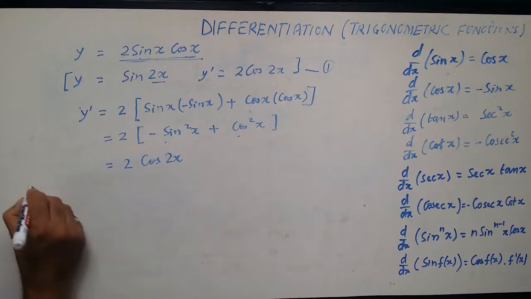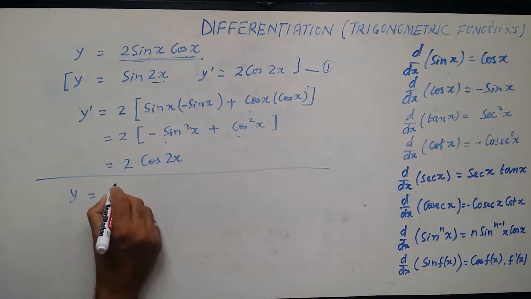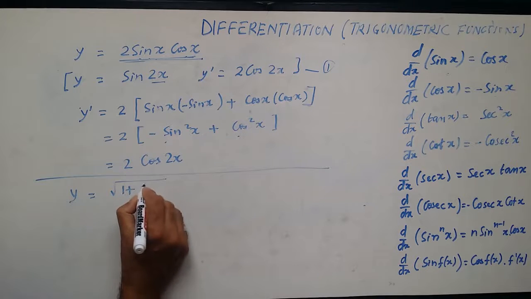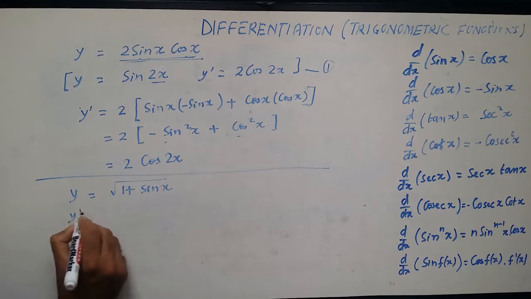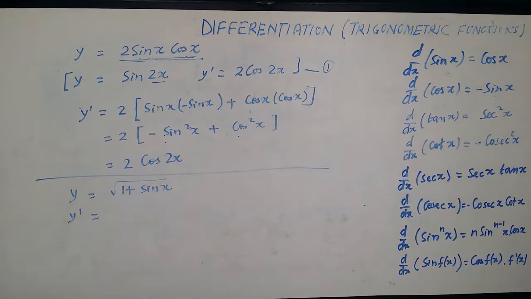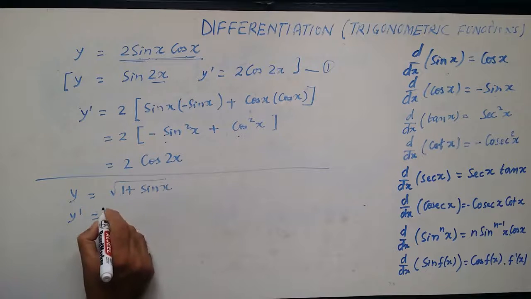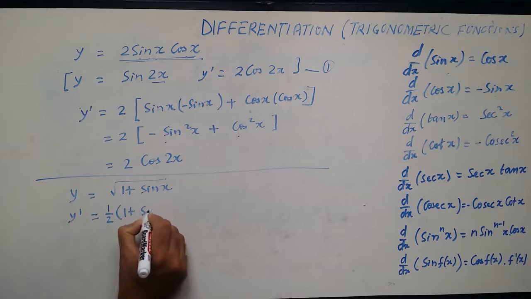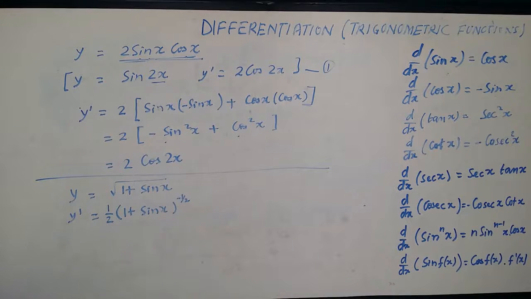Okay. Let's take another example. Y is equal to square root of 1 plus sine of x. The differential of this, we apply this rule. So this is 1 plus sine x to the power half. So we'll say it is half of 1 plus sine x to the power half minus 1, that is minus half.